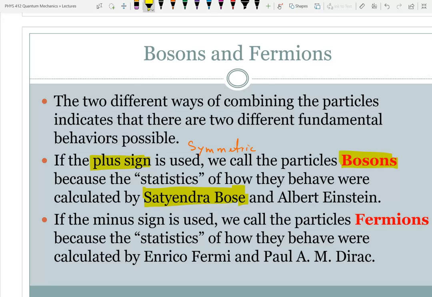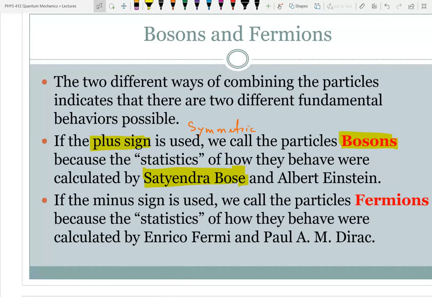And Einstein said, by golly, it does. So they're called Bose-Einstein particles because both of them collaborated, but the primary person was Bose, as I understand it. He used Einstein as a sounding board, to make sure he hadn't made a mistake.